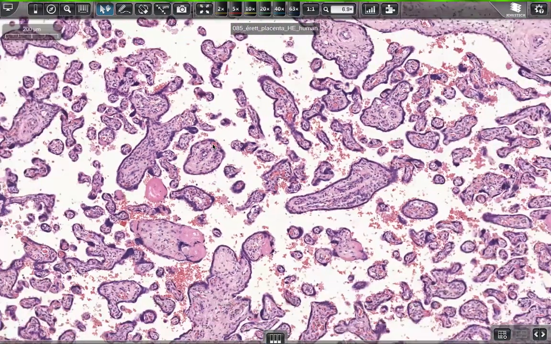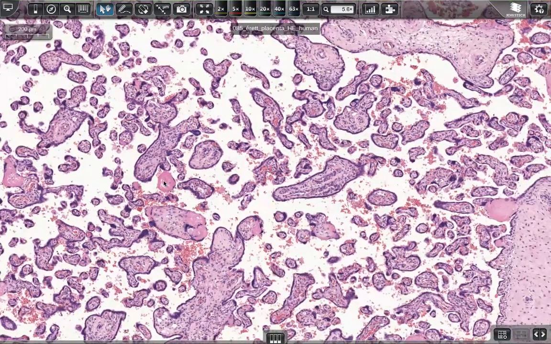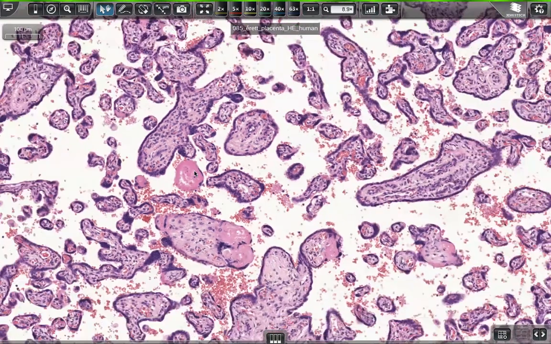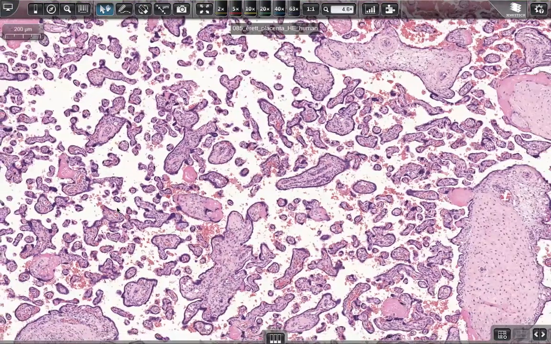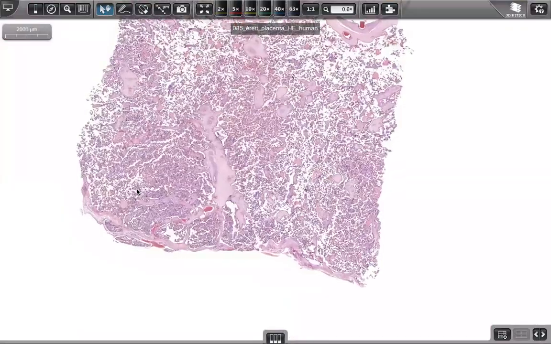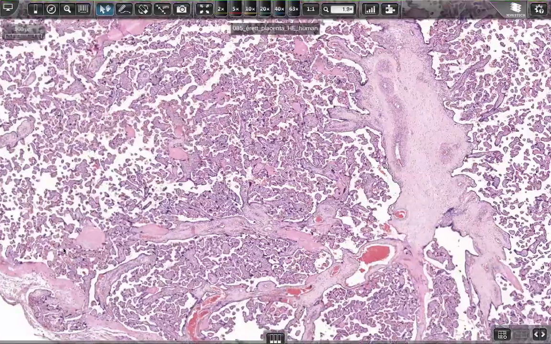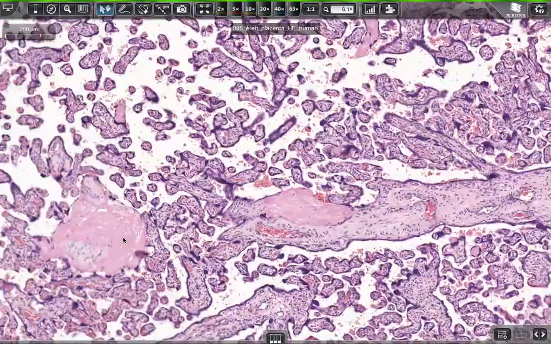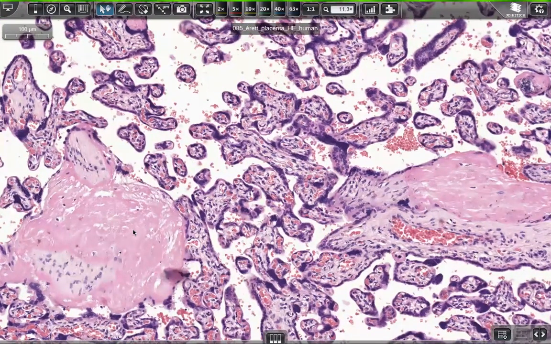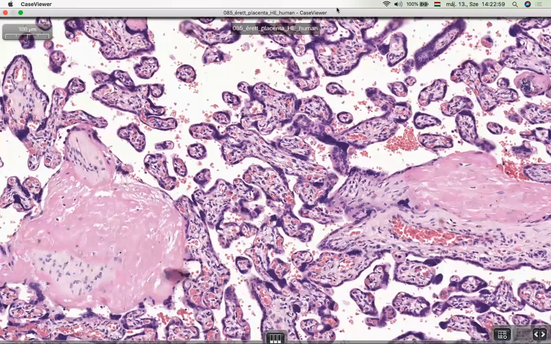Yes, and some of the villi here represent this homogeneous pink material, especially really close to the maternal surface. So here, there. That's the fibrinoid.